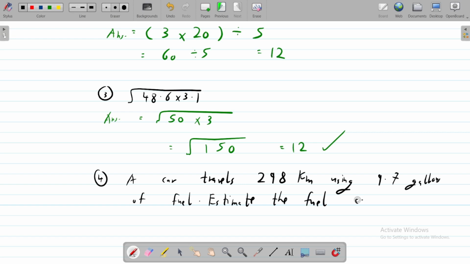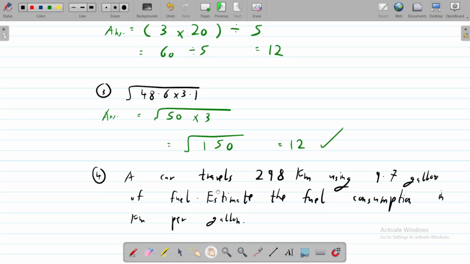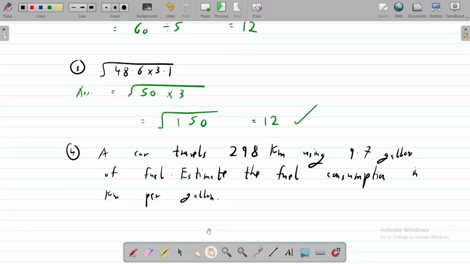Estimate the fuel consumption. Again, this will be a 3-mark question, in kilometers per gallon. Do this question again. Just make sure to see they're asking you an estimate, not the exact answer.